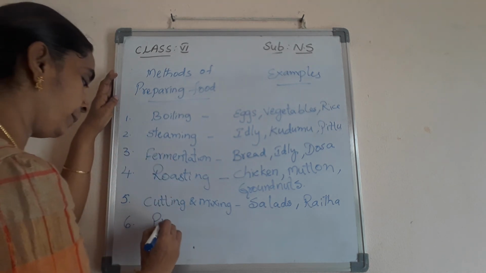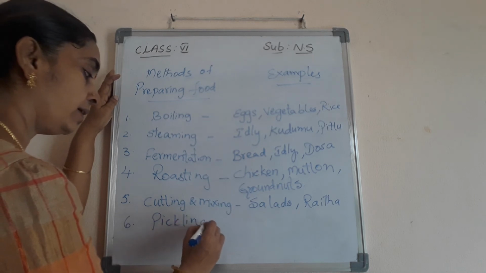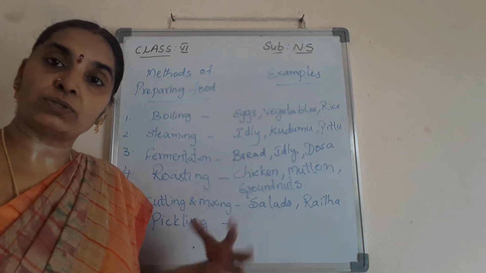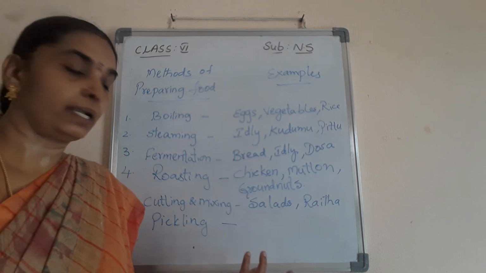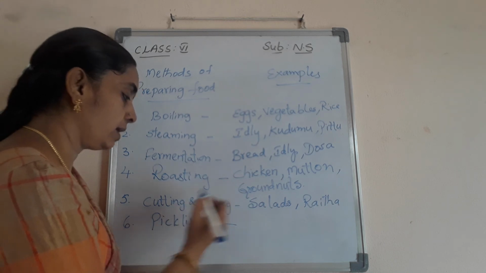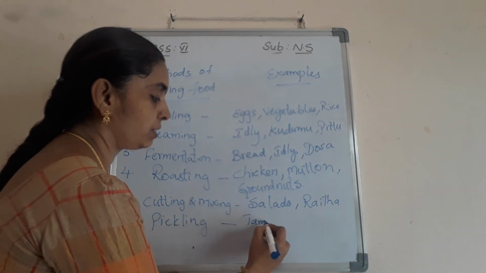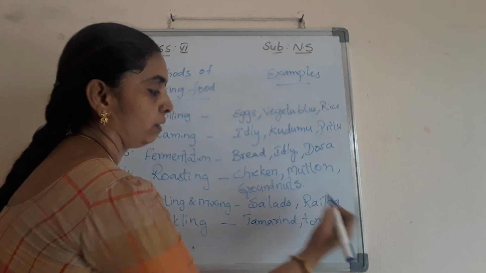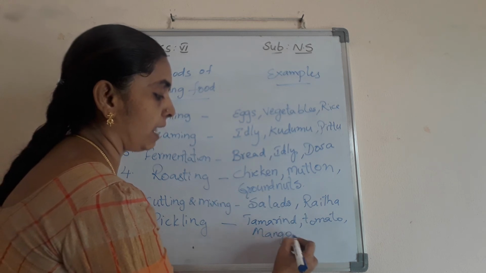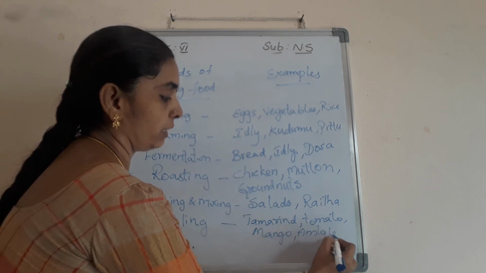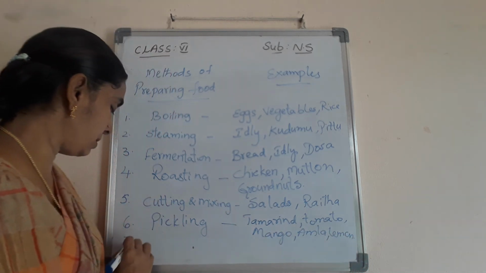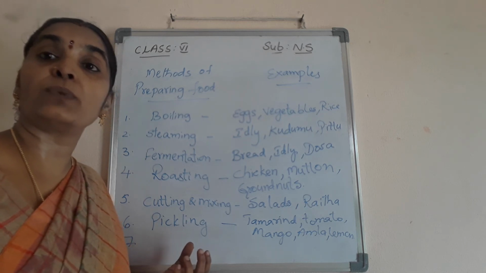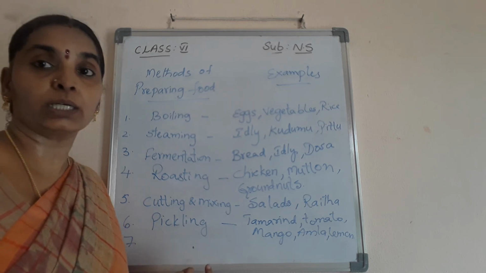Another process is the pickling process, where salt, turmeric and chili powder are added to the vegetable that is going to be prepared for pickles. Here tamarind, tomato, mango, amla, lemon, so many pickles, you know it, that your mother prepares, isn't it? This is the summer season when pickling starts, where it can be preserved. This is a process which helps to preserve the food for a longer period.